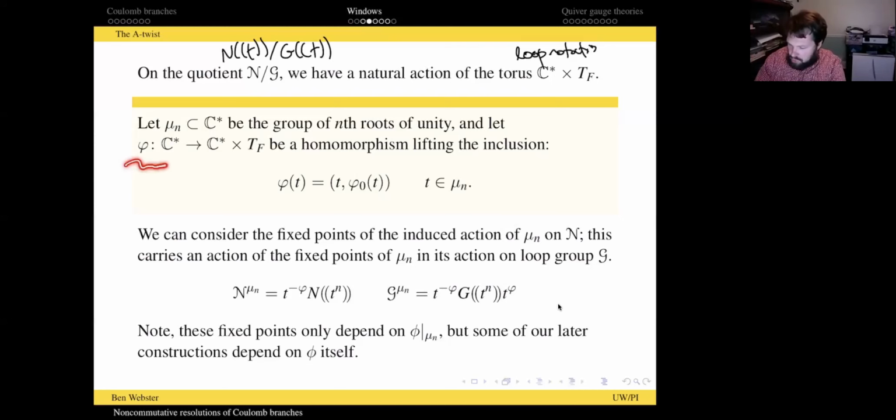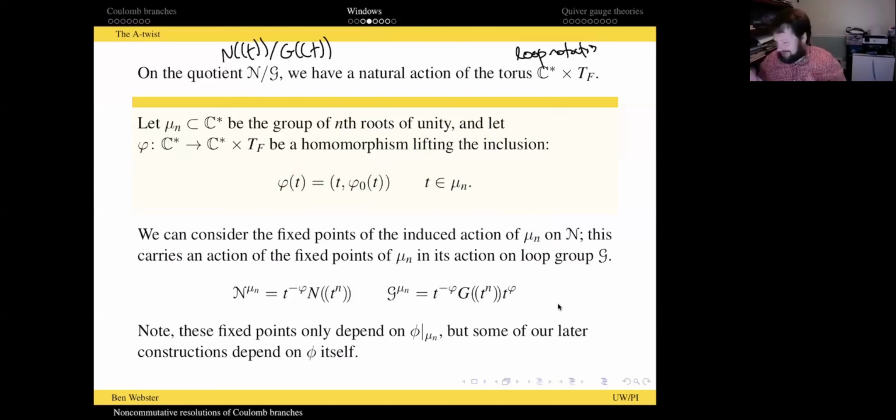I'm going to choose a homomorphism from C star to this flavor plus loop rotation group, which acts with weight 1 along the loop rotation. So really, I'm just choosing a cocharacter into the flavor torus. And what I'm going to want to do is let this order n subgroup act on N via composition with this homomorphism. So this is a weird thing to do.